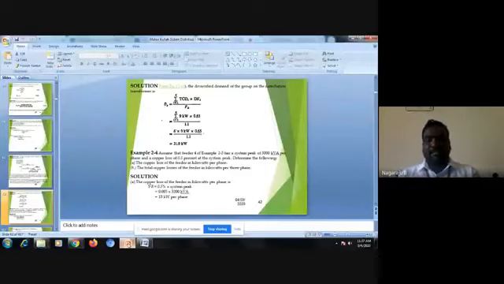Determine the following: the copper loss of the feeder in kilowatts per phase, and the total copper loss of the feeder in kilowatts per 3 phase. Per phase and per 3 phase I need.